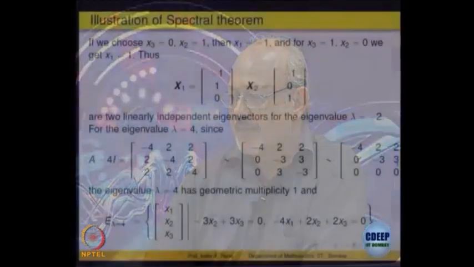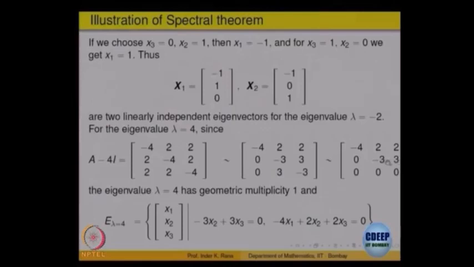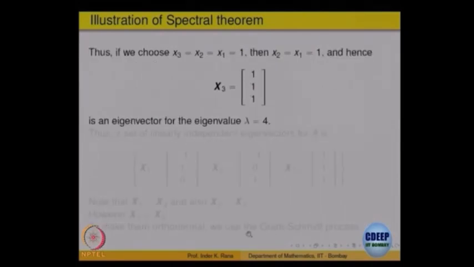So, x3 is given an arbitrary value, you find x2 from this equation, put those values back, and you get the first variable. Only one solution. Non pivotal variables get arbitrary values, others are obtained in terms of the non pivotal. So, once you write that, you put x3 equal to 1 and you get 1 1 1. So, this is the eigenvector for lambda equal to 4.